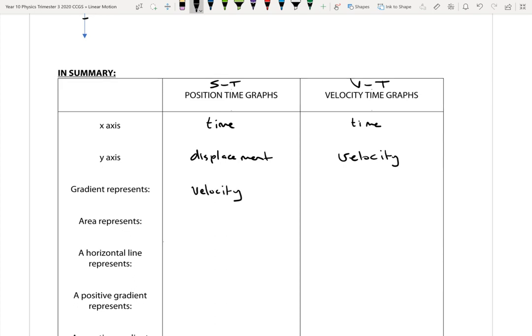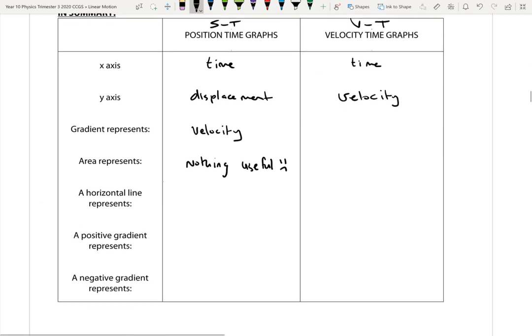The area underneath gave us nothing useful. A horizontal line on a position time graph meant that your position wasn't moving, so you were stationary. A positive gradient would represent a positive velocity. A negative gradient would represent a negative velocity.